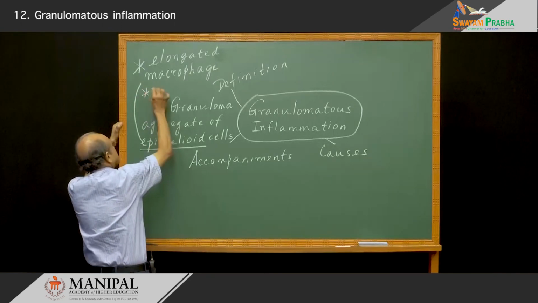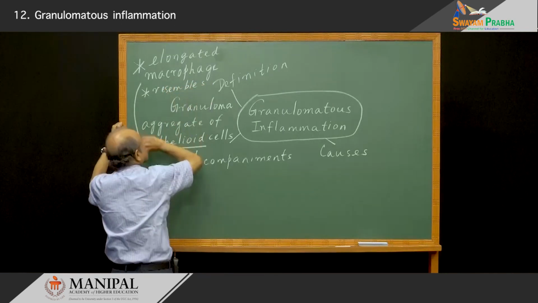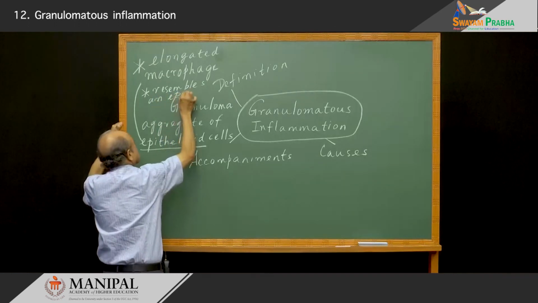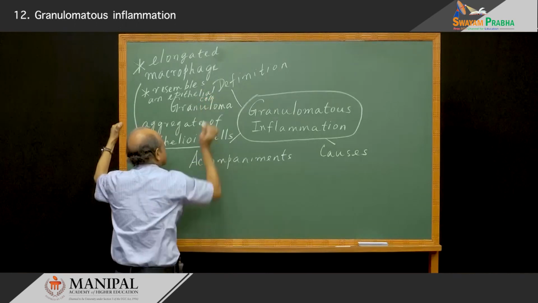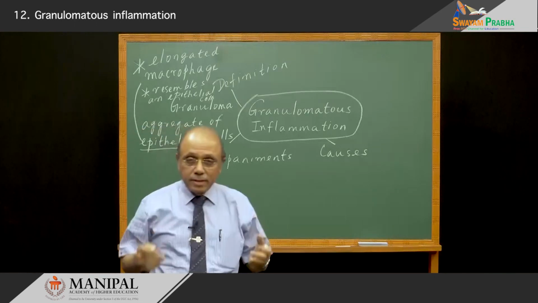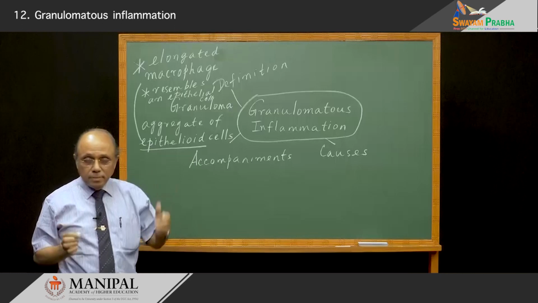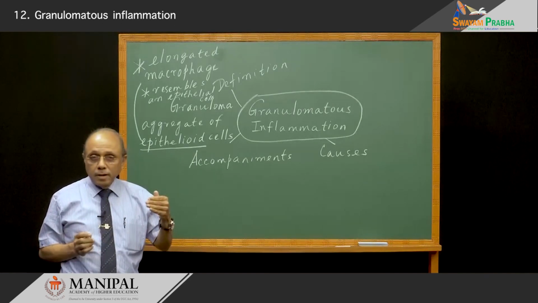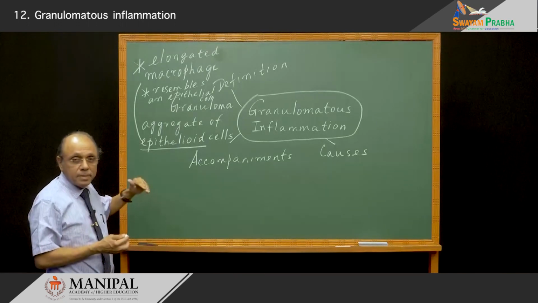So, the epithelioid cell is an elongated macrophage. The second thing is it resembles an epithelial cell. That is why it is called epithelioid, looks like, similar to. That is the meaning of the word oid. Oid means similar to. A cell which looks similar to an epithelial cell is an epithelioid cell.